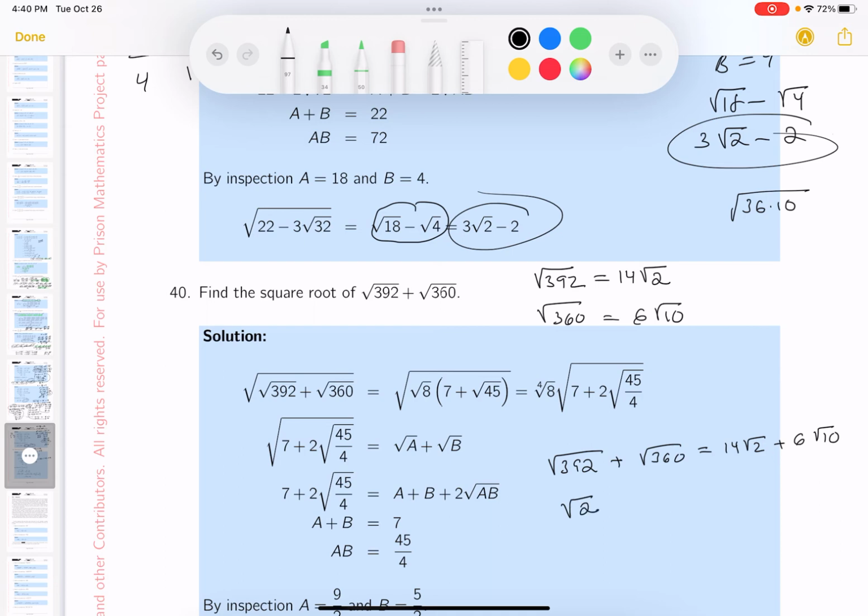And I'm going to factor out a 2. And what would you get? You would get 7 plus, I factor out a 2, right? So that'd be a 3. And I factor 2 out from the 10, that would be a 5.